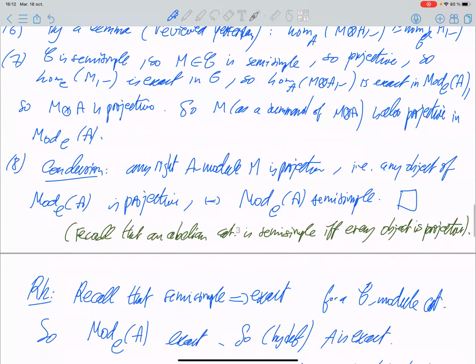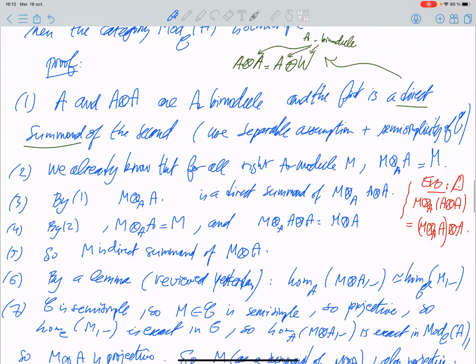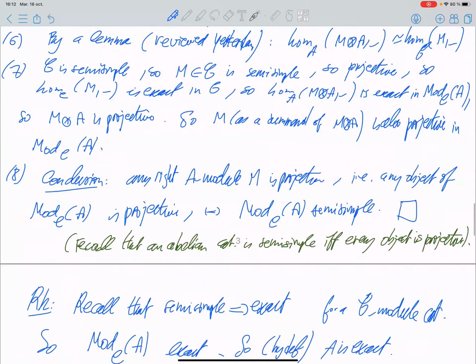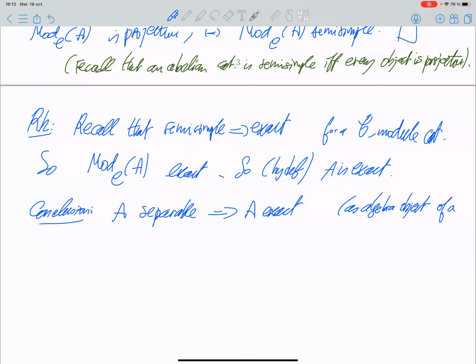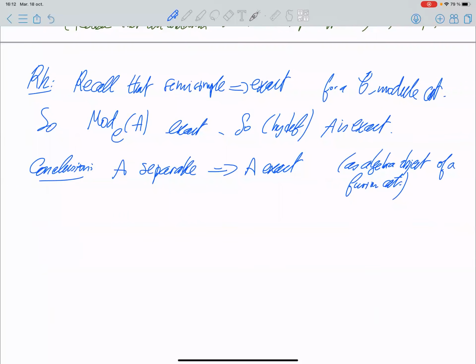And I guess of fusion category. Okay. So here is an exercise.